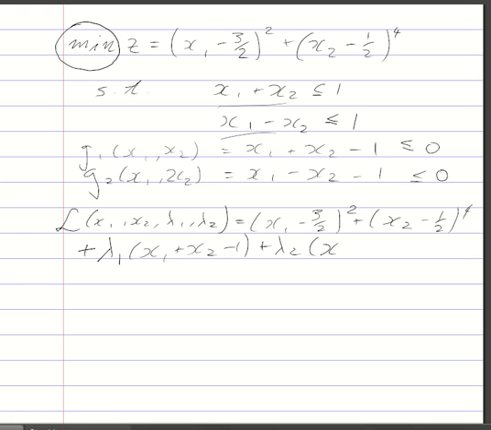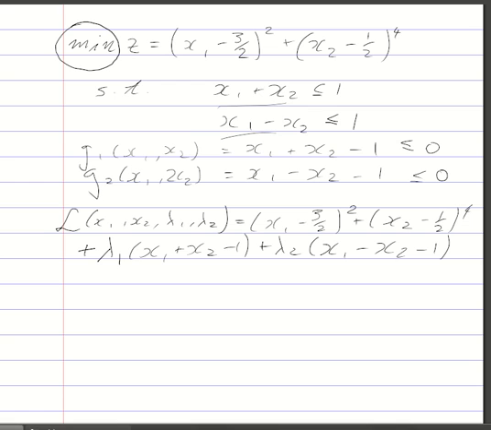Now this is important: in a maximization problem, you would use minus in front of lambda 1 and lambda 2. This makes a difference because we require that lambda 1 and lambda 2 be larger than or equal to 0. So whether you use a plus or a minus might make a difference in the final answer.